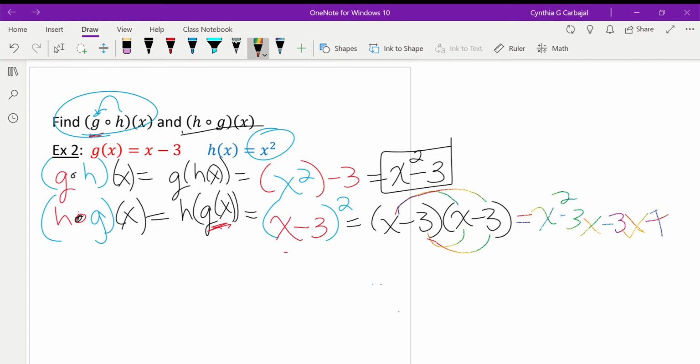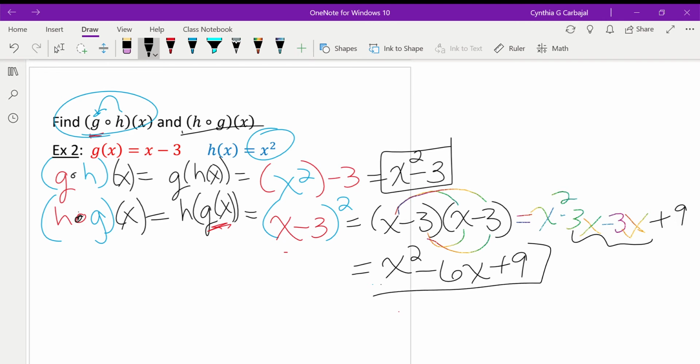Okay, this is not letting me write very well. Sorry, guys. Positive 9. And then always the middle two terms will combine. So my answer here, I'm going to write it over here, is x squared. Negative 3x and negative 3x together will give me negative 6x. And that plus 9 has nothing to combine, so I just bring it down.